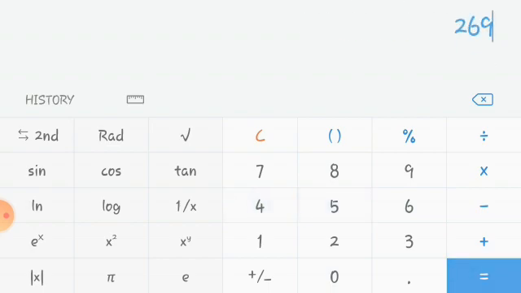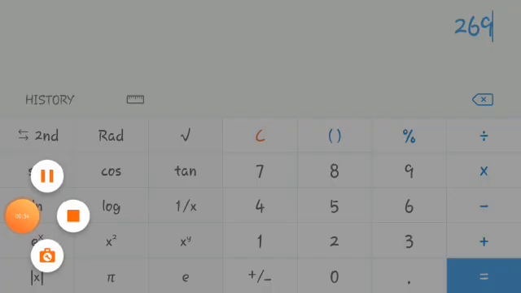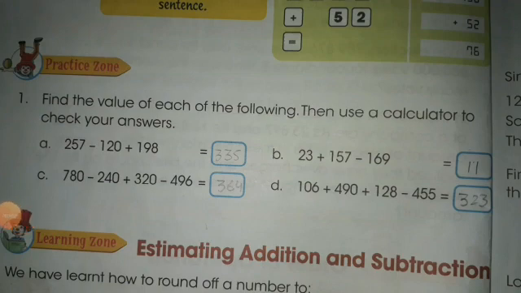And the answer is the same. The rest of the parts are for your practice. Try to solve parts A, B and C manually and then check your answers on calculators. Do this CW in your book.